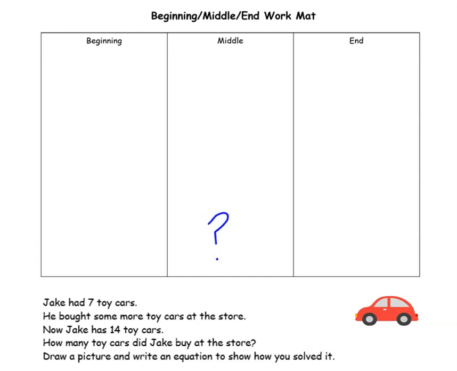What's happening here in the middle? How many did he buy at the store? So we don't know how many he bought at the store. But we know that at the beginning, he had 7 toy cars.